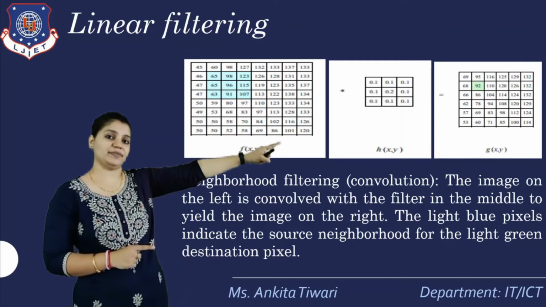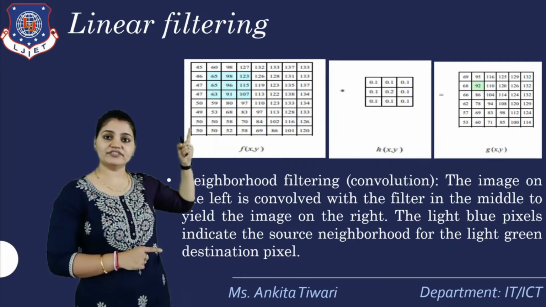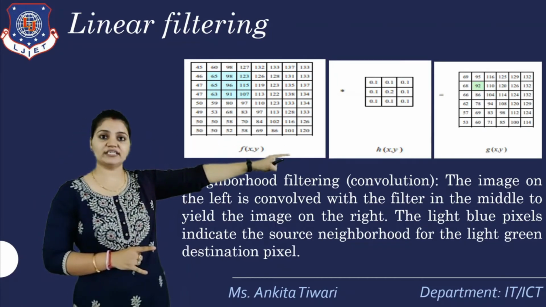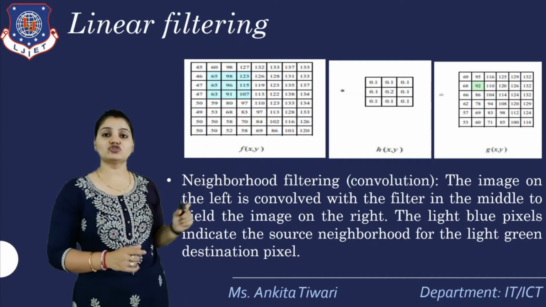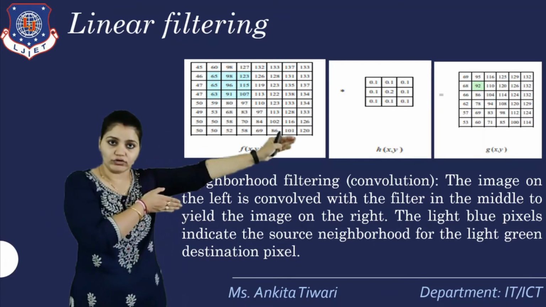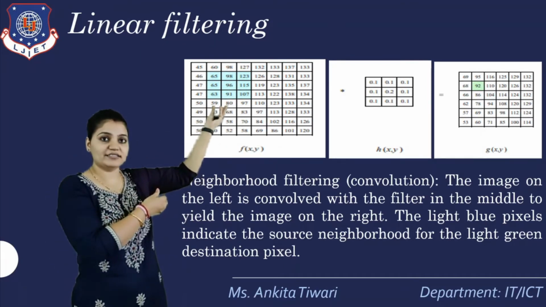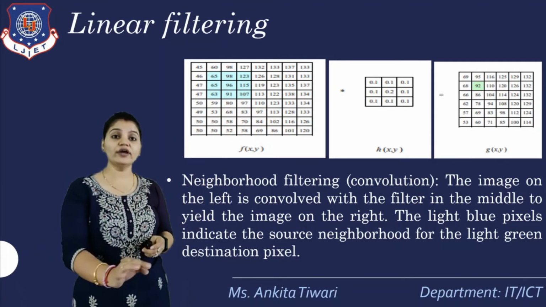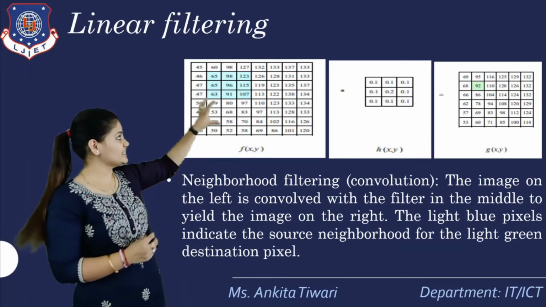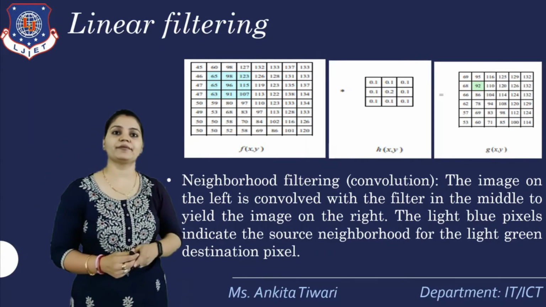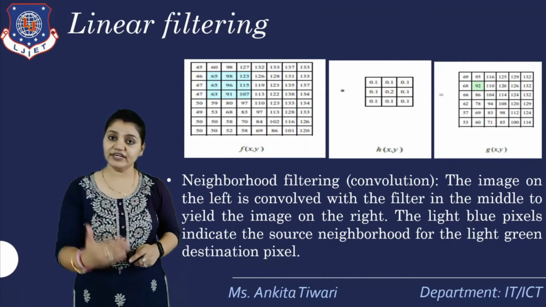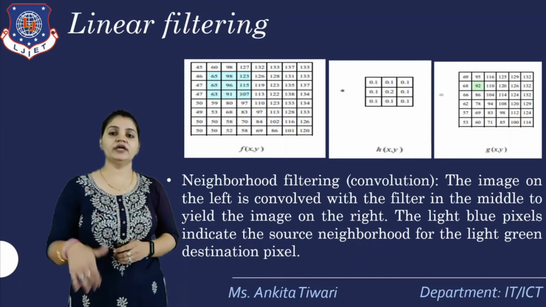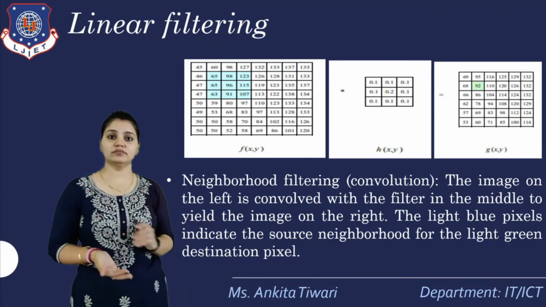So this is the source image shown as light blue in the first image, that is f of xy, and g of xy is the green pixel. So you can see how a group of pixels is converted into one pixel, shown with the blue and the green. This is what neighborhood filtering is. This many pixels are converted into one pixel, which is known as convolution.